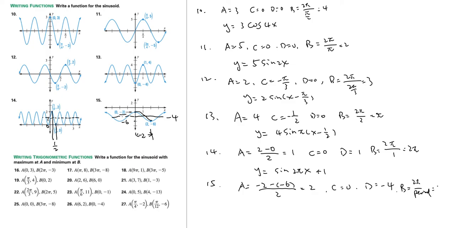So the whole period will be 4. So 2 pi over 4 equals pi over 2. Hence y equals 2, and we use cosine, so cosine of pi over 2 times x, c equals 0, and the whole thing minus 4. Thank you.